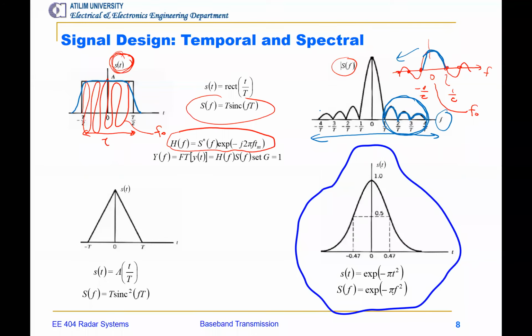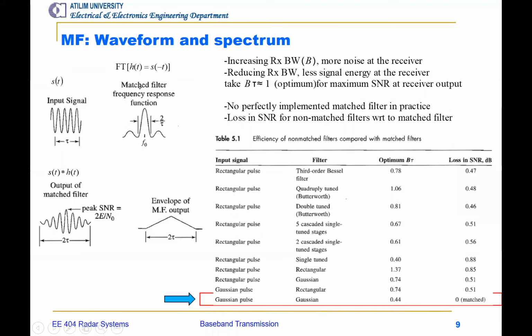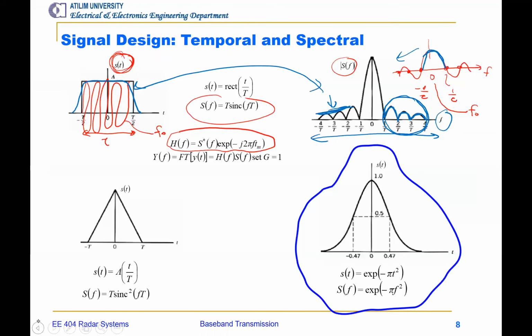Which will suppress the side lobes, and the energy or power in these side lobes will be reduced, based on this smoothing process, which is called pulse shaping. This is one way to reduce the signal power in side lobes.